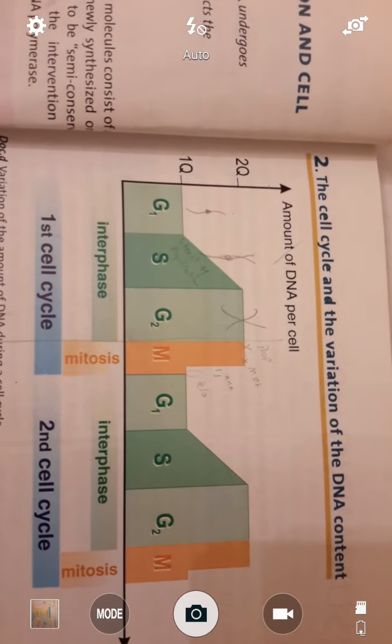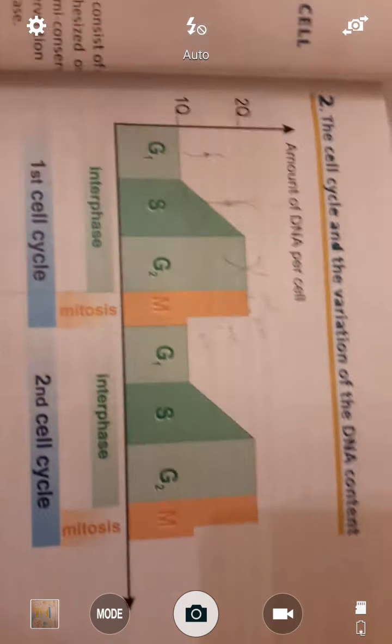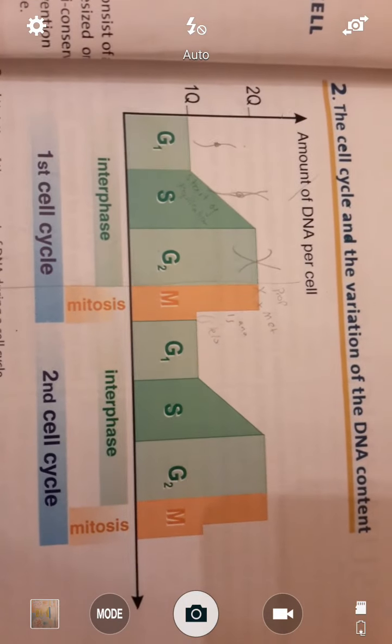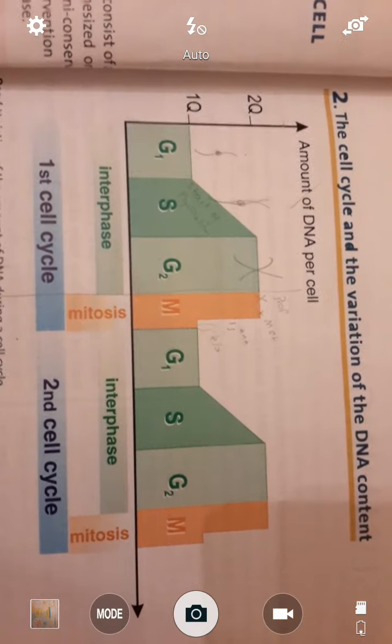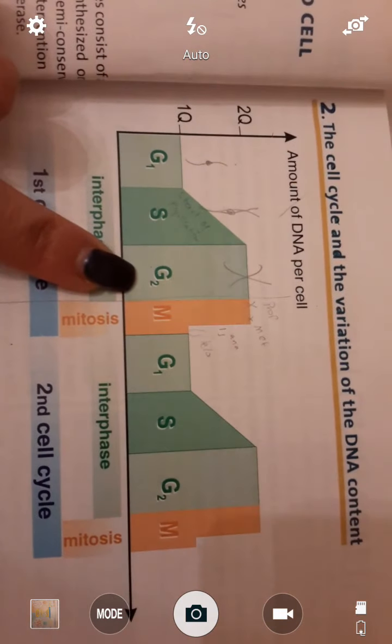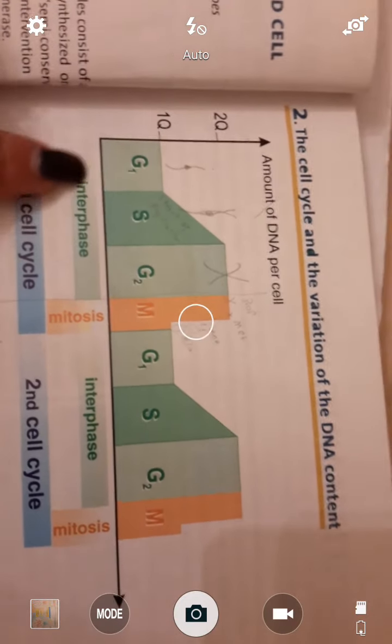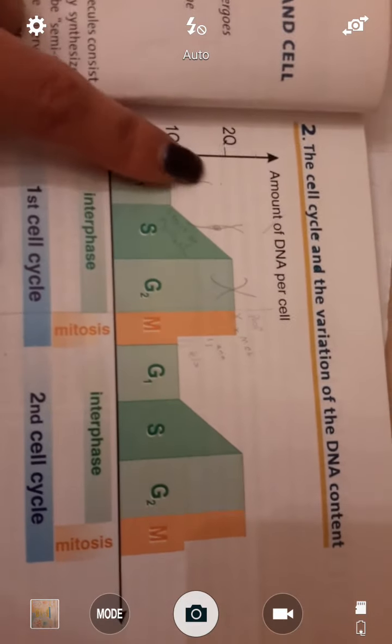Again, briefly, this cell cycle. Here we have the interphase that is made up of three subphases, G1, S, and G2. Then after interphase, mitosis takes place. As we can see, the longest duration is for the interphase. During the G1 phase, chromosomes are uncoiled.